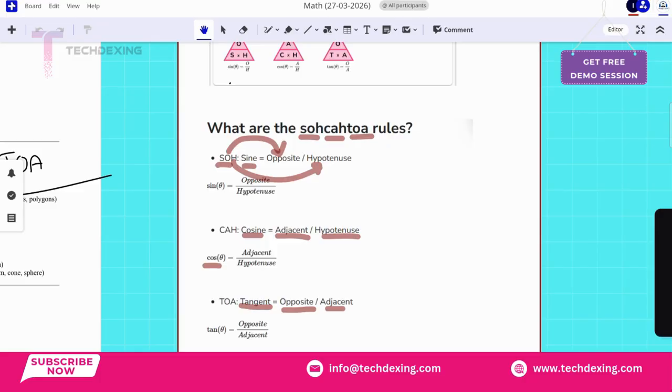While finding the opposite, we multiply sine and hypotenuse. And while finding the hypotenuse, the hypotenuse will be equal to opposite over sine theta. This triangle helps remember these things in a shorter way.